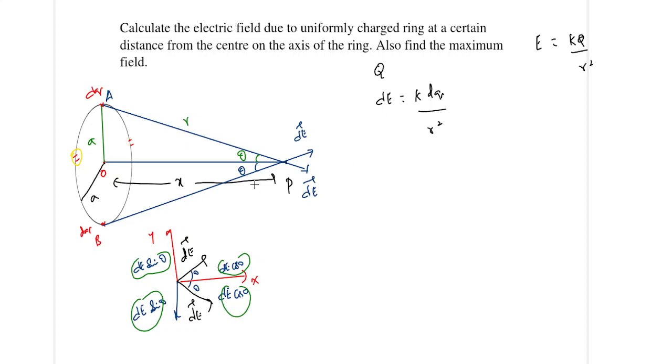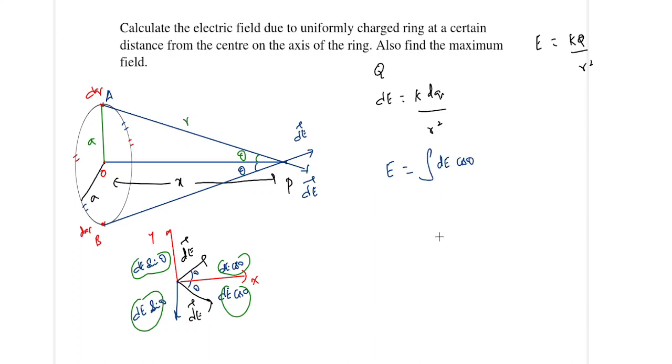So for any element anywhere in the ring, there would be a corresponding opposite element, such that only the cos component would remain. Therefore the total field we get would be the sum of the cos components of each field.